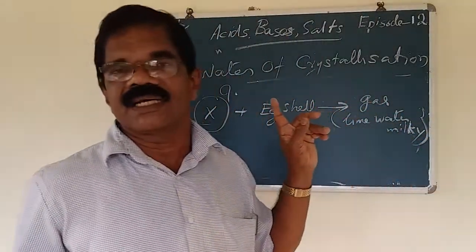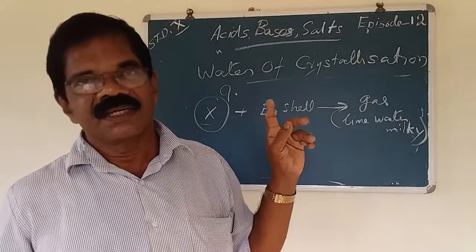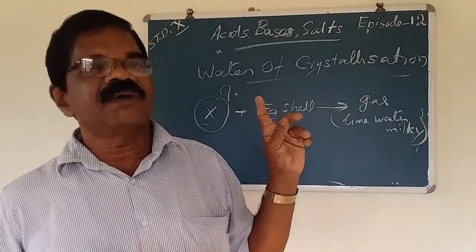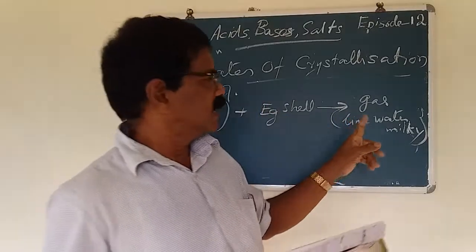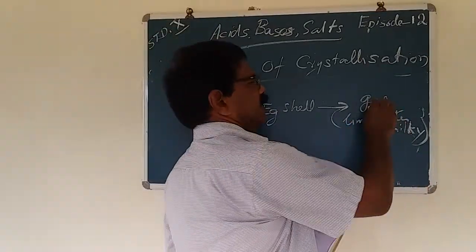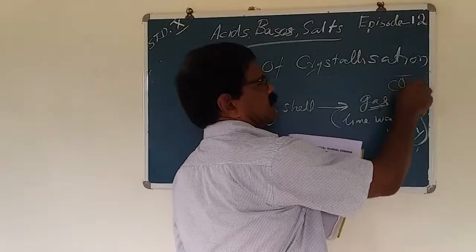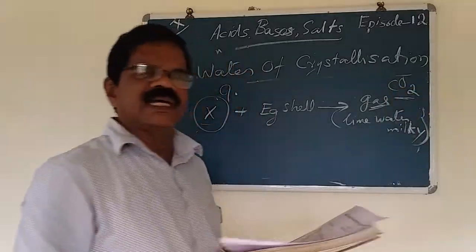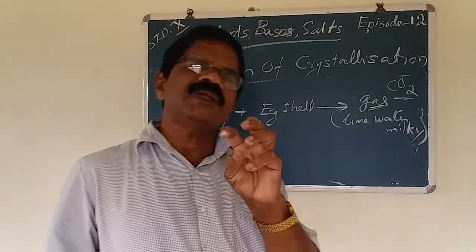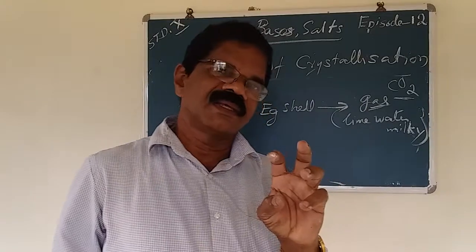Second, carbon dioxide: the gas that turns lime water milky is carbon dioxide. Only carbon dioxide gas can turn lime water milky.